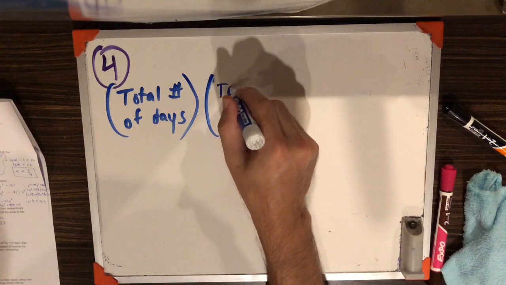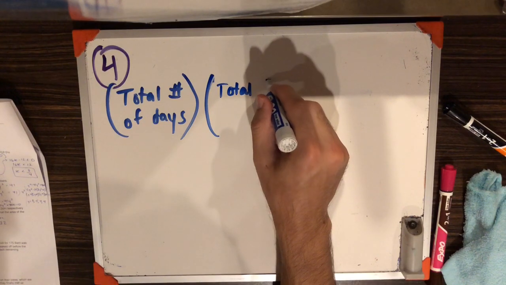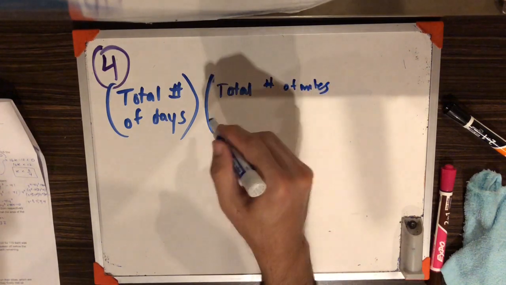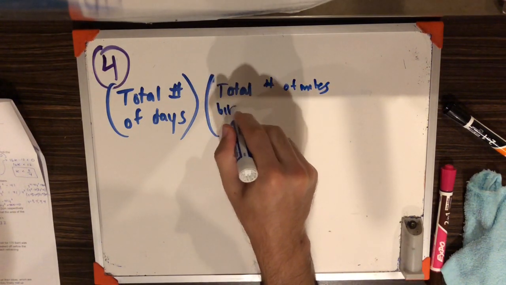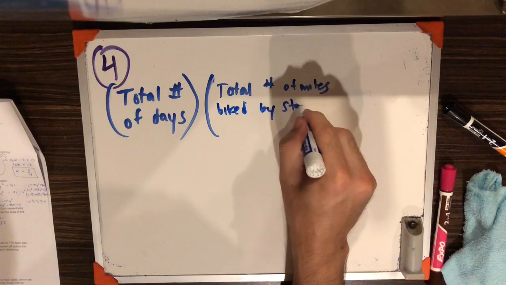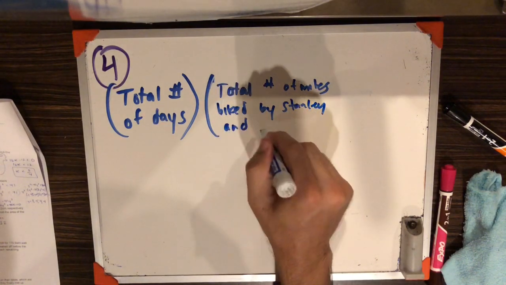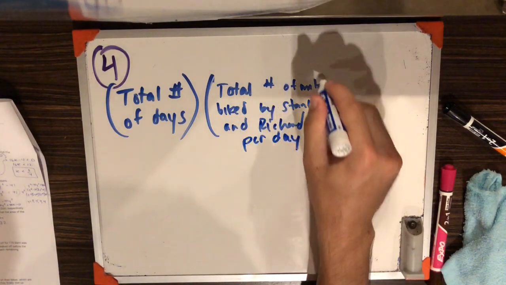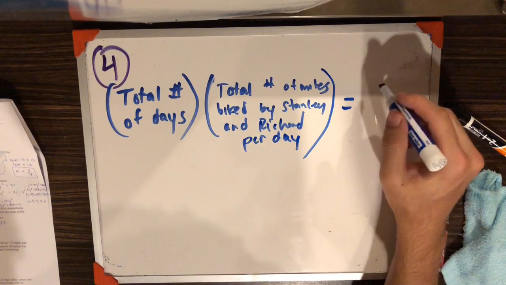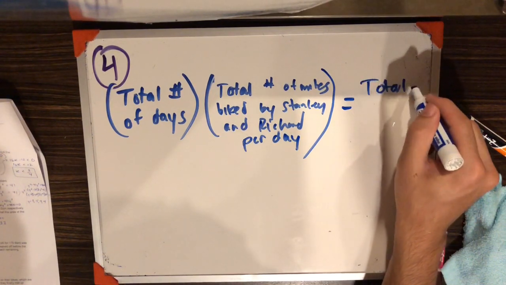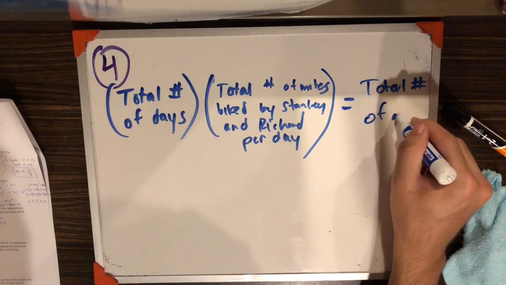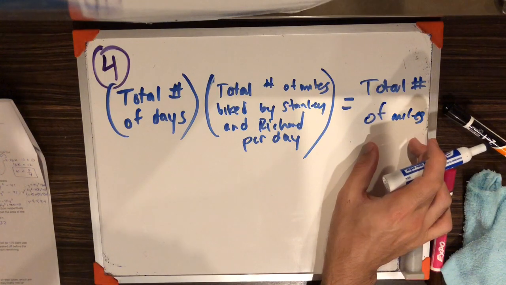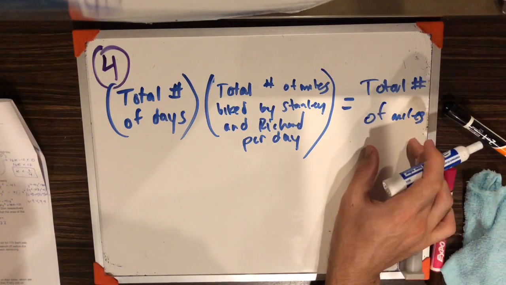So times the total number of miles biked by Stanley and Richard, okay, and that's per day. That should equal, well, the total number of miles, right? Which makes sense. The days multiplied the miles is equal to the total number of miles in total, okay?